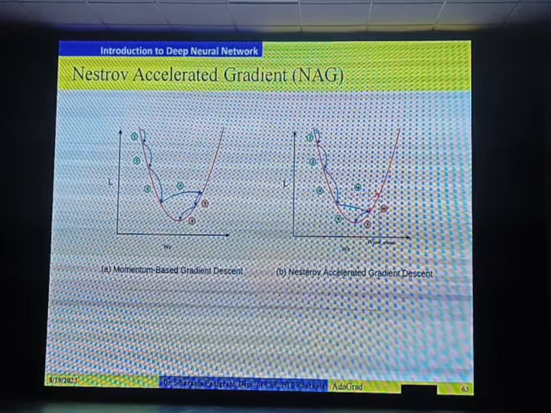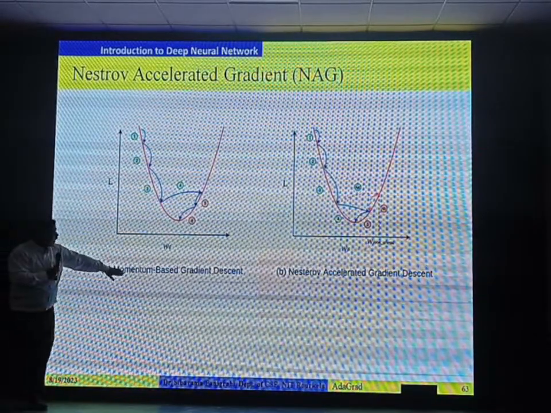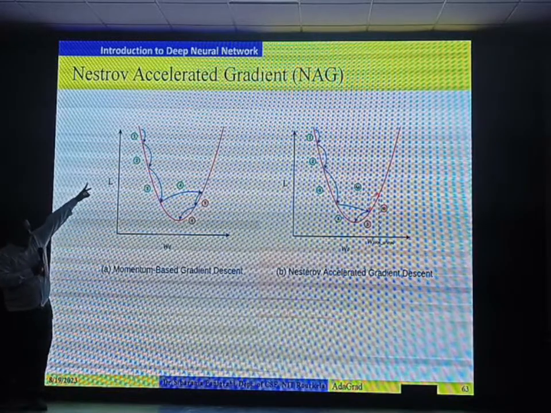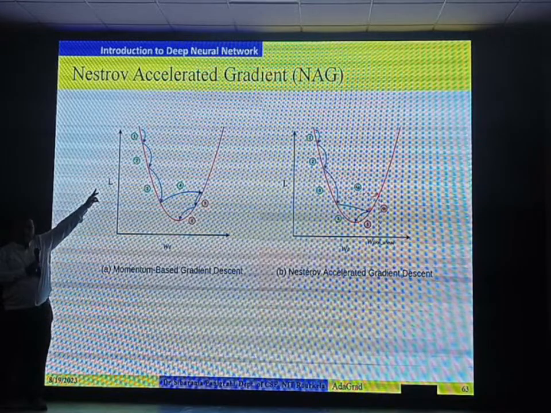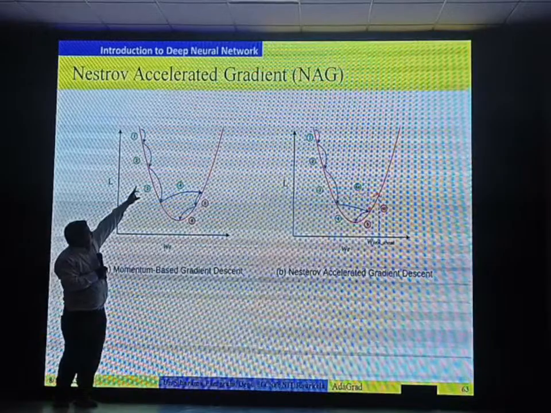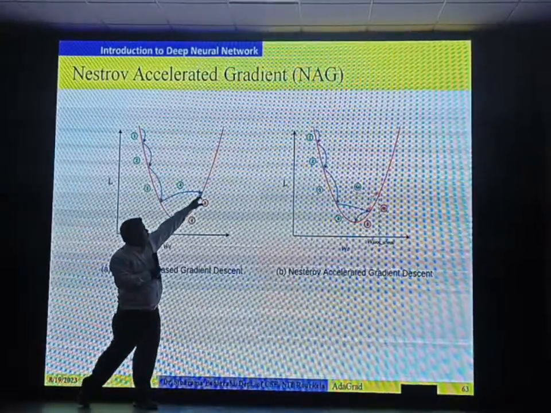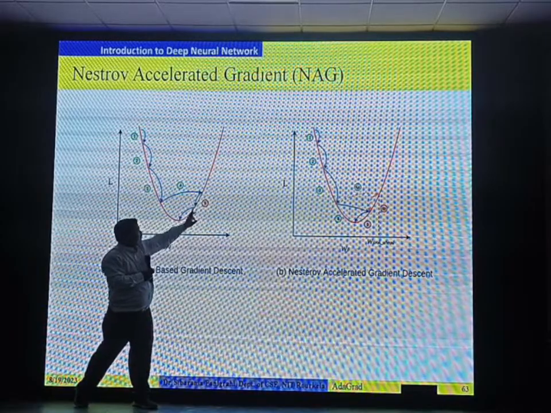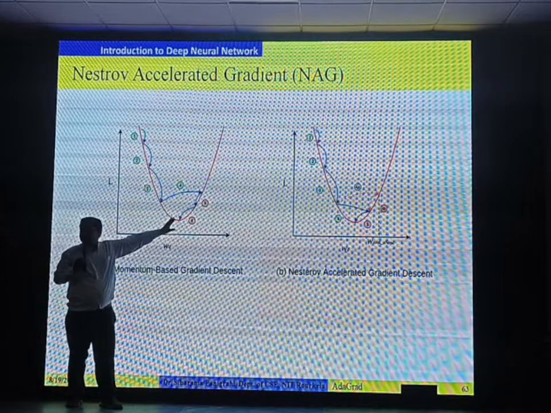Then what is the difference between these? In momentum based gradient descent, let's say you start from one location. You update the weights, compute the momentum and gradient and add them. So it has decreased, third step, fourth step it will overshoot, then it will come to here, fifth step, then to here, sixth step. Okay, suppose this is the case.